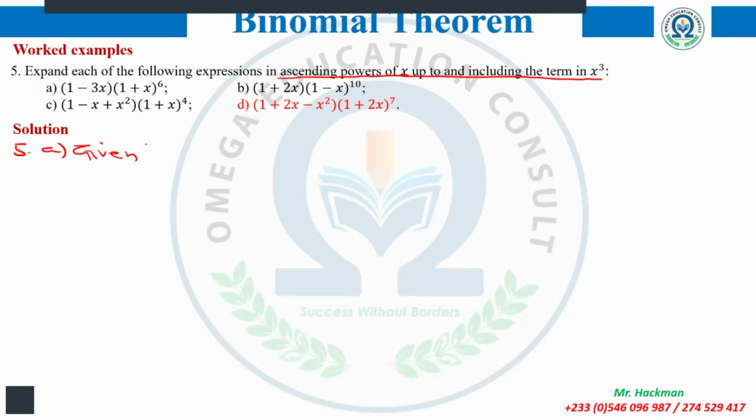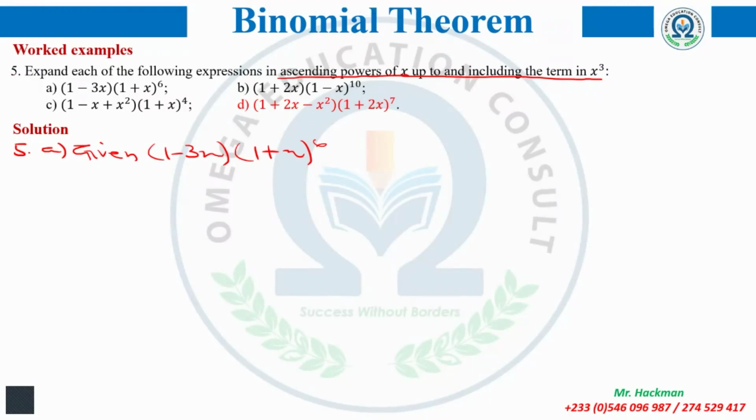We've been given 1 minus 3x, then into 1 plus x, to the power 6. And we are supposed to expand this in ascending powers of x up to and including the term in x cubed.